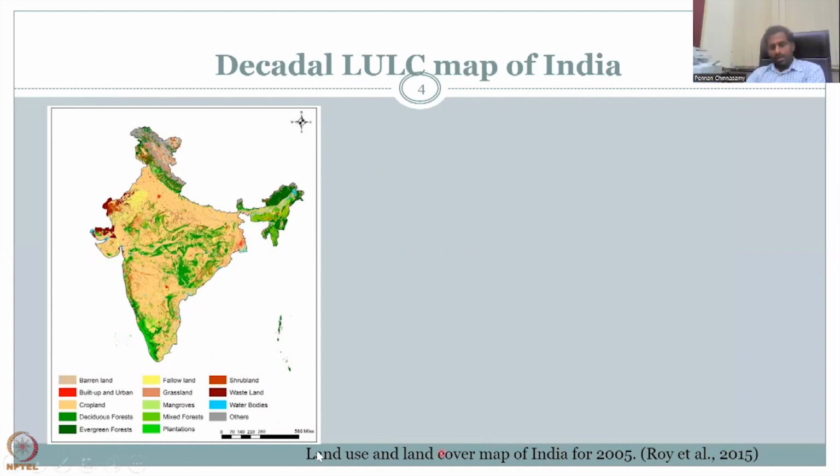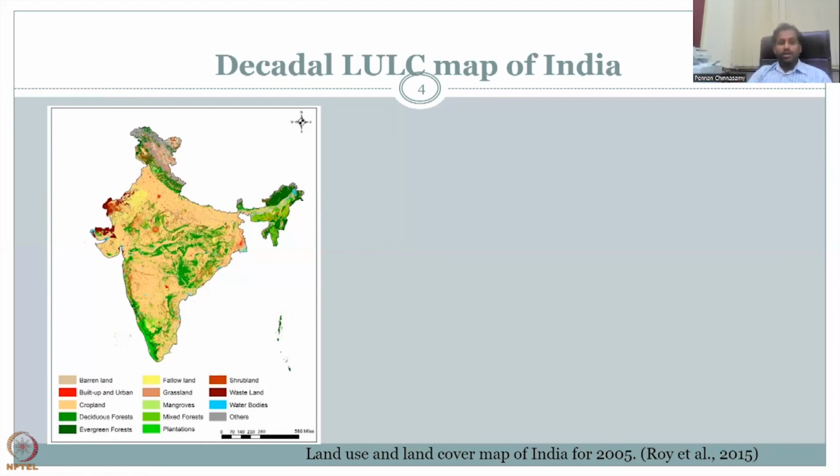So you can see a land use land cover map of India for 2005 versus 2015, which I'm going to pull up. But before that, this is a raster. See how the data is continuous. I have clipped the boundaries out so that you can only see the data for India. Because the discussion is going to be on India, we are not going to look at the other regions of the world, right?